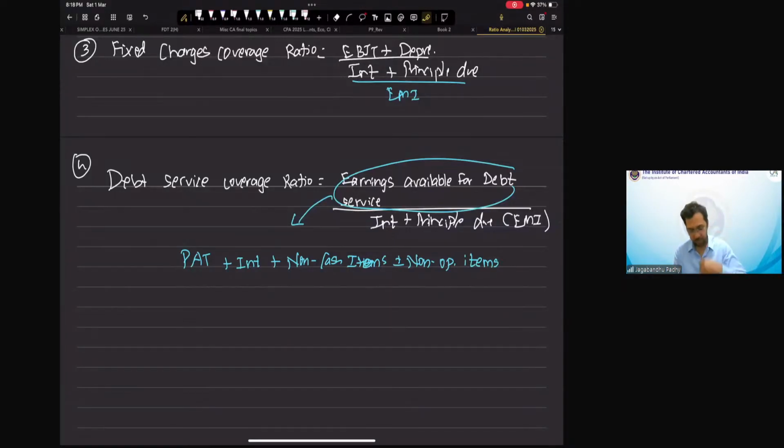That's your debt service coverage ratio, which tells us the income you have to make payment towards interest and principal. You take it in the numerator, and in the denominator you take interest and principal due.